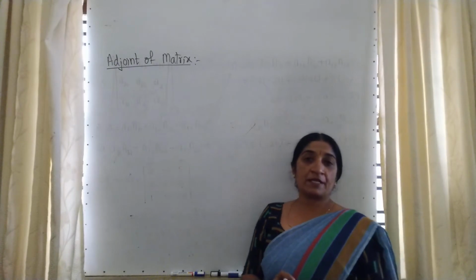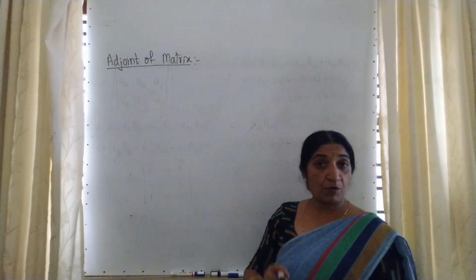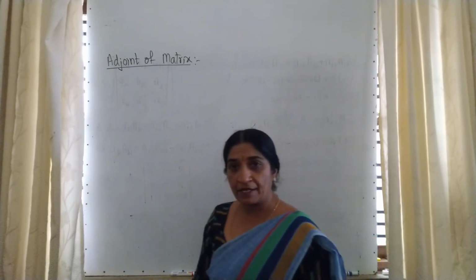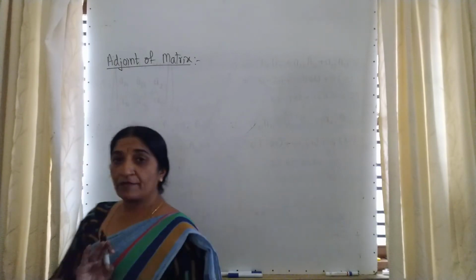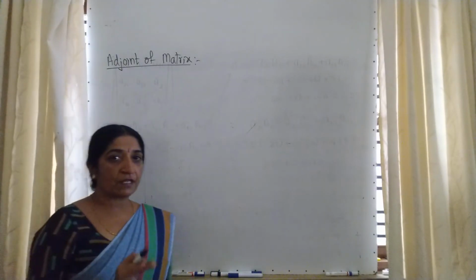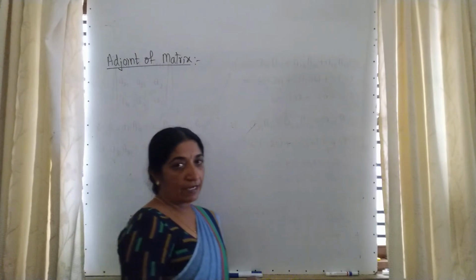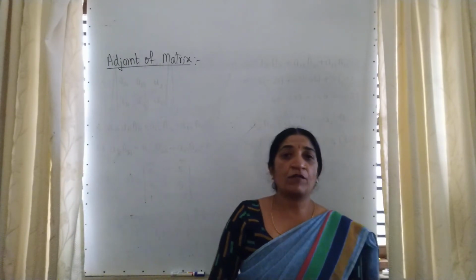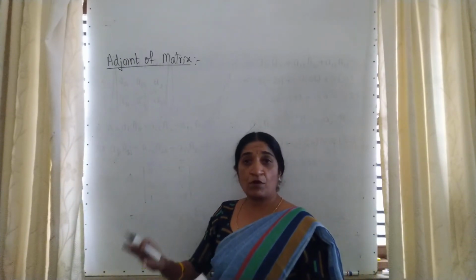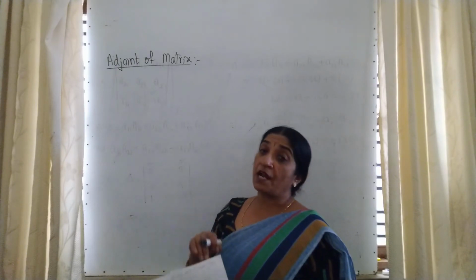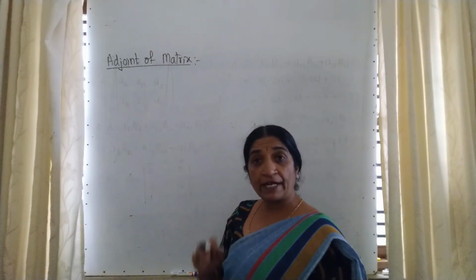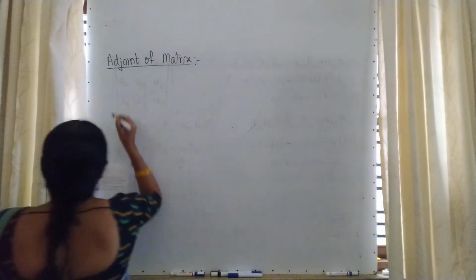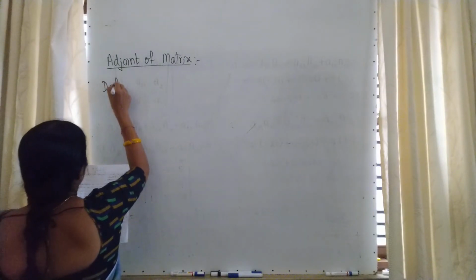Adjoint of a matrix is nothing but the transpose of the cofactor matrix. So for example, if a matrix has order 3, the determinant has order 3 by 3, you have 9 elements. Calculate the cofactor of all the 9 elements, write in the form of a matrix, then write down the transpose of that cofactor matrix. First I will give the definition, then I will explain.